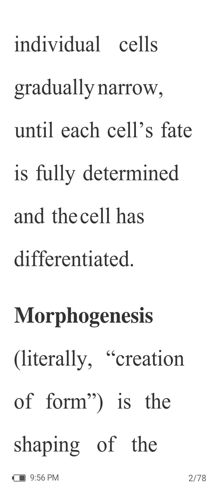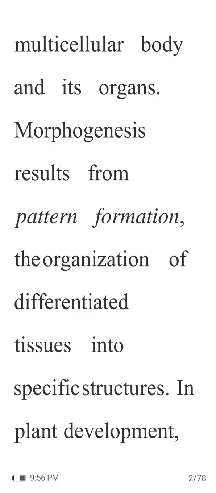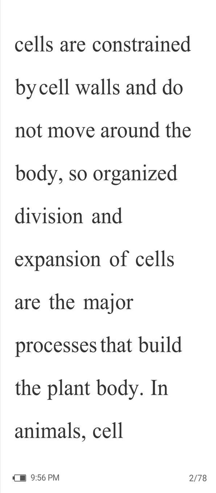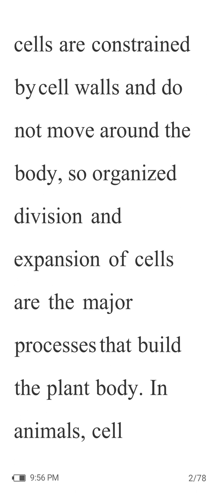Morphogenesis, literally creation of form, is the shaping of the multicellular body and its organs. Morphogenesis results from pattern formation, the organization of differentiated tissues into specific structures. In plant development, cells are constrained by cell walls and do not move around the body, so organized division and expansion of cells are the major processes that build the plant body.